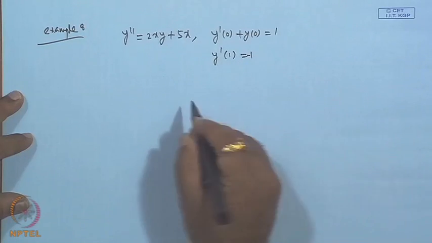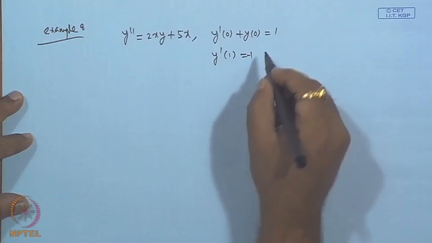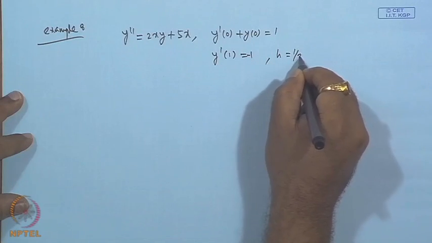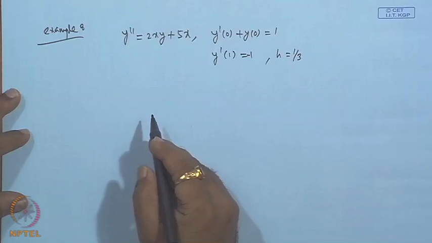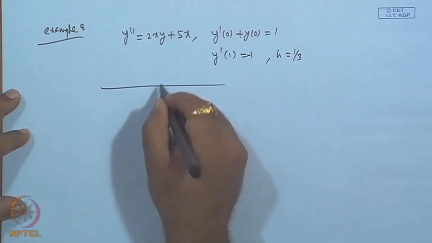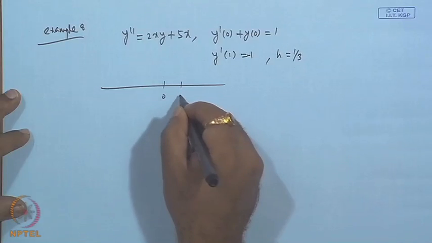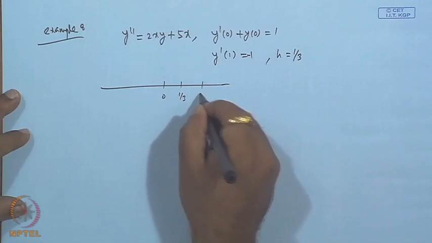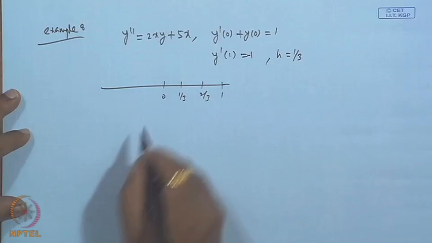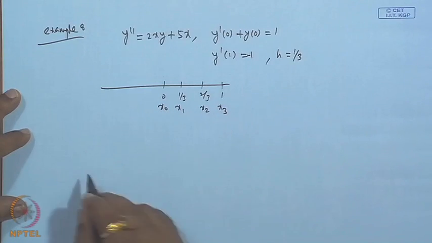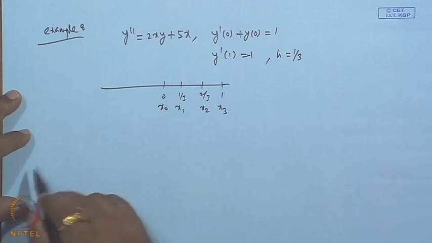So, minus 1 and h is 1 by 3. So, usual discretization okay. Right.